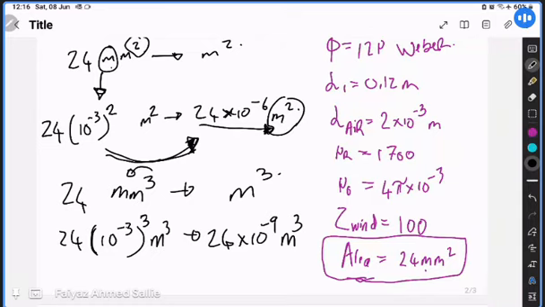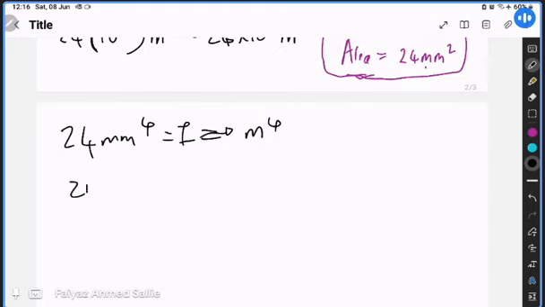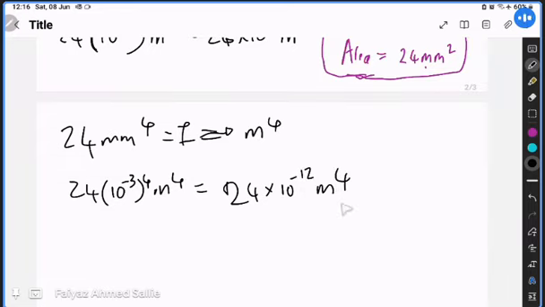And then for applied strength, it's going to be 24 millimeters to the power 4, normally for your I, inertia, and things like that. You must convert it to meters to the power 4. You're going to take 24 and 10 to the minus 3, and with 4 for meters to the power 4, you're going to get 4 times 3, which is 12. 24 times 10 to the minus 12 meters to the power 4.